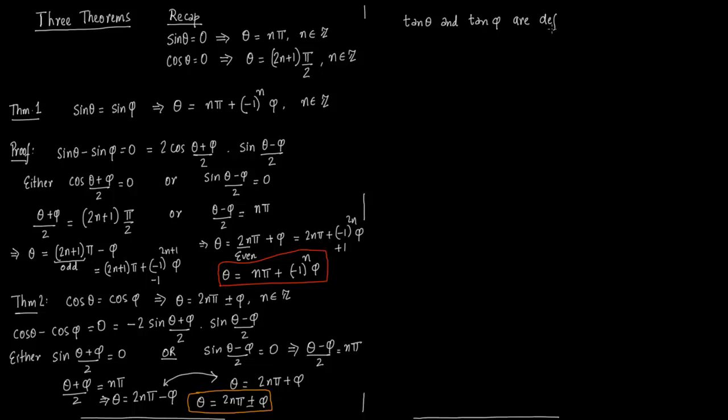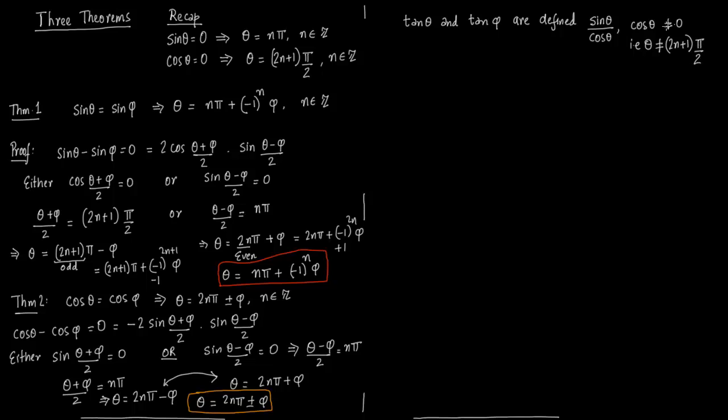So these are defined as sin theta by cos theta. The denominator cannot be 0. If the denominator is 0, then we cannot even define tangent. So for the theorem to hold, we have to have cos theta not equal to 0. That means theta is not equal to 2n plus 1 times pi by 2. So theta cannot be this.